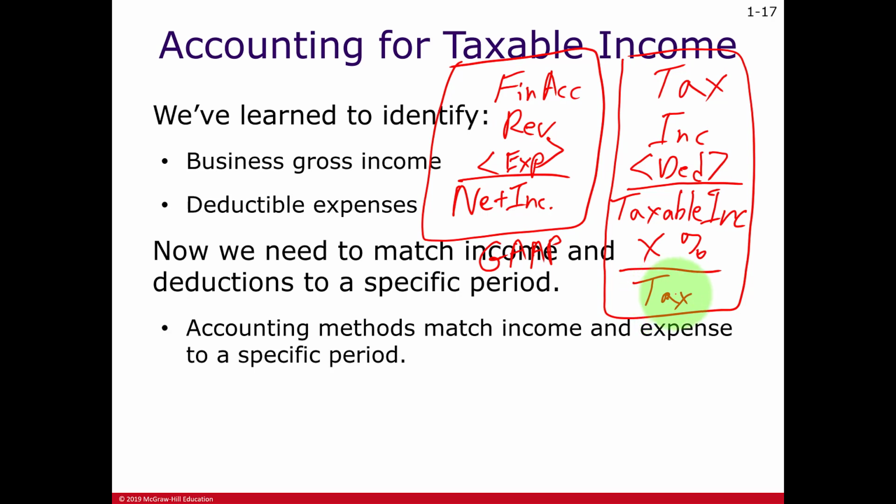But because this taxable income and this net income is different, there may be different ways of calculating that tax expense on the financial statement. In other words, you just don't take this tax and place it here as an expense. We're going to see something called deferred taxes, I believe, in chapter number 6.